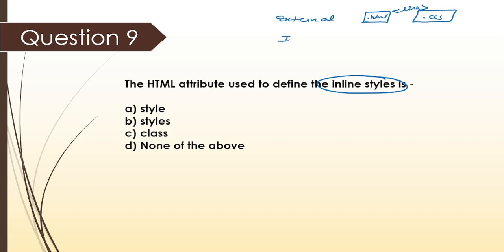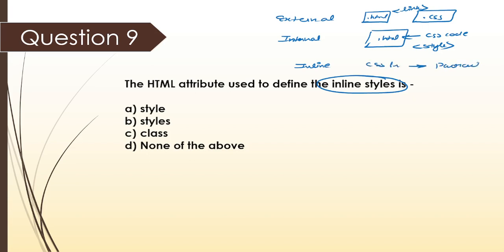Another is internal CSS, where in the .html page we just embed the CSS code by using the style tag. And the third type is inline CSS, where we can apply CSS properties to that particular tag or particular line only. Let's say in my HTML project I have used the h1 tag 4 times.